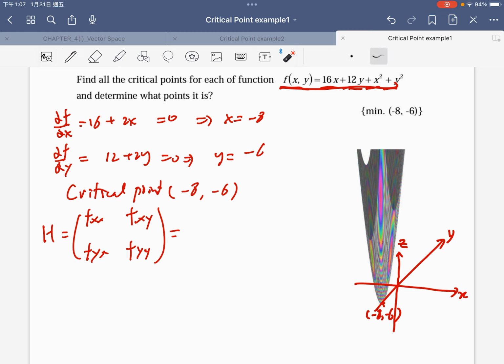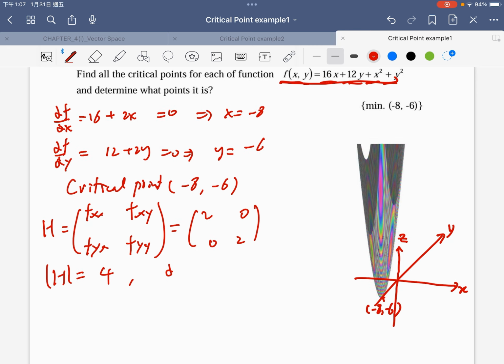Differentiating fx with respect to x gives 2, and differentiating with respect to y gives 0. The other mixed derivative is also 0. Finally, differentiating with respect to y gives 2. The Hessian matrix determinant is equal to 4.